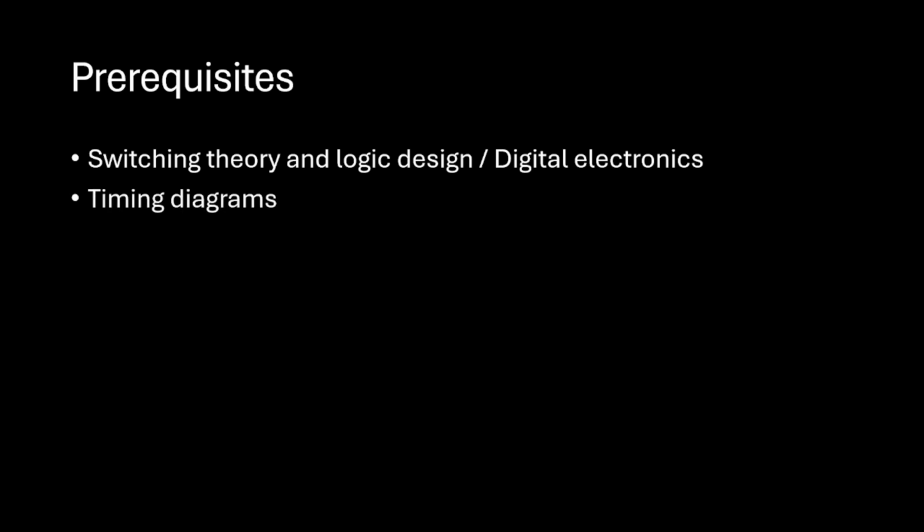You also need a basic understanding of timing diagrams. But don't worry about the timing diagrams, because when we write the Verilog code and execute it, we will get the simulation outputs in a timing diagram. So we will learn about timing diagrams in this series as well.